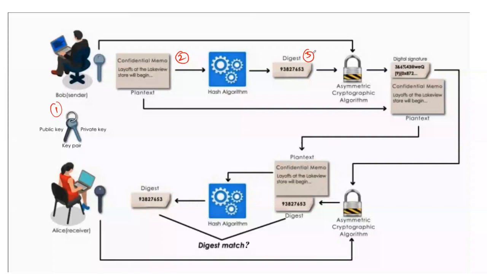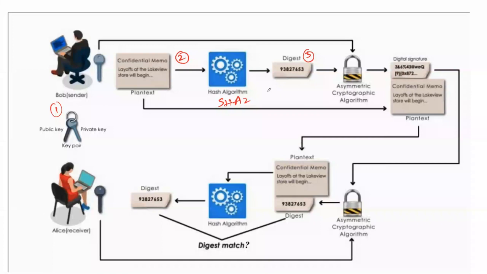When a hash function is included, it is trying to achieve data integrity and authenticity, correct? So the plain text is given as input to the hash function. Let us assume SHA-2, which generates a fixed-length 256-bit digest.